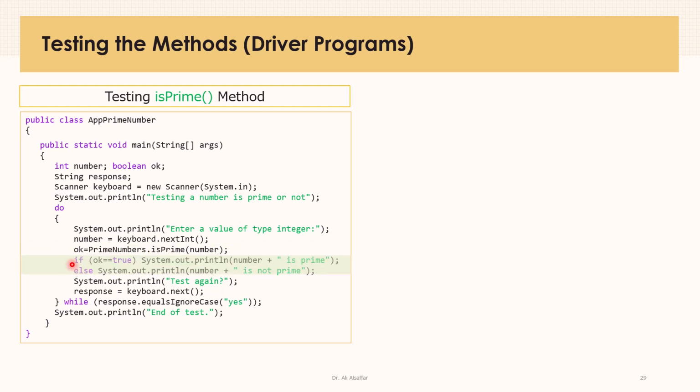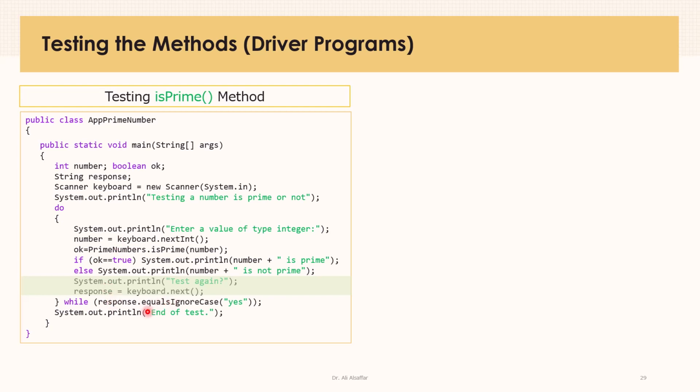Now this OK, which is a local Boolean variable, is tested. If it is equal to true, then it will print that this number is a prime. Otherwise, it will print that this number is not a prime. Now to test the method for another number, you need to ask the user, do you want to test again? Here we read a string from the user, yes or no, into a string called response, and we test the response.